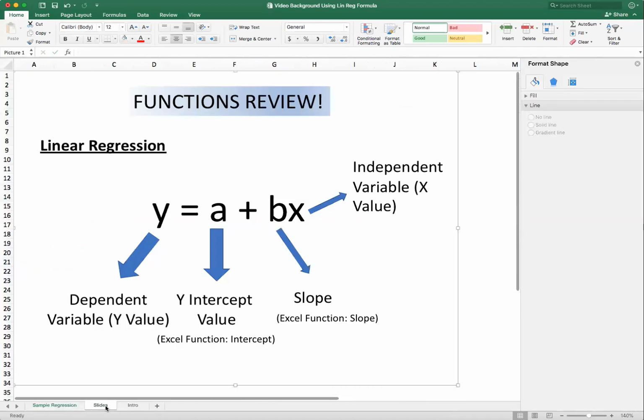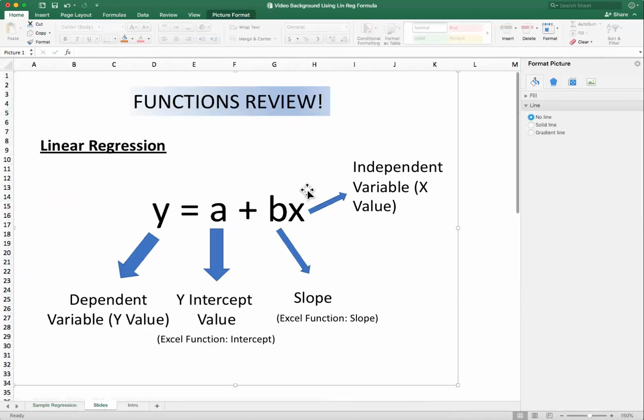The important piece to this whole linear regression is that quite often you're just given this formula. And as long as you have the A and the B values, you can figure out X and Y. You just choose your period X and it will give you your Y. Or if you want to know in what period you're going to hit a certain number of units, you simply leave the X blank and you solve the equation that way.